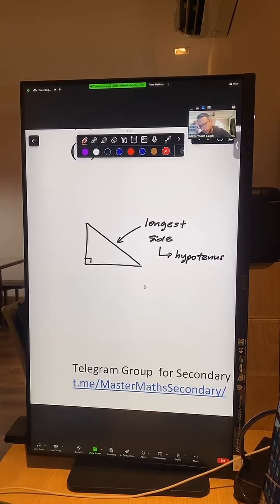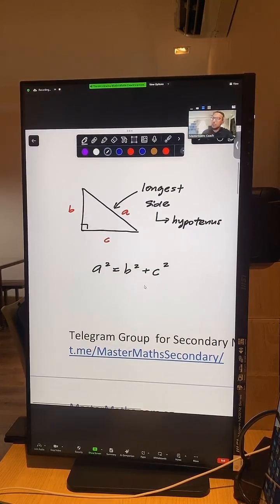Let's say we call the hypotenuse side A. Let me use a different color. Let's say this is A, this is B, and this is C. Now, Pythagoras theorem states that A square equals B square plus C square. Can you all see that? A square equals B square plus C square.